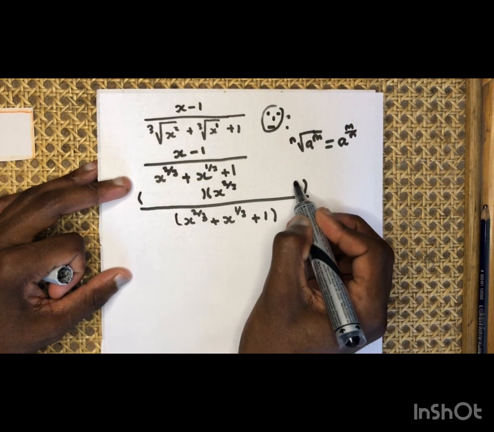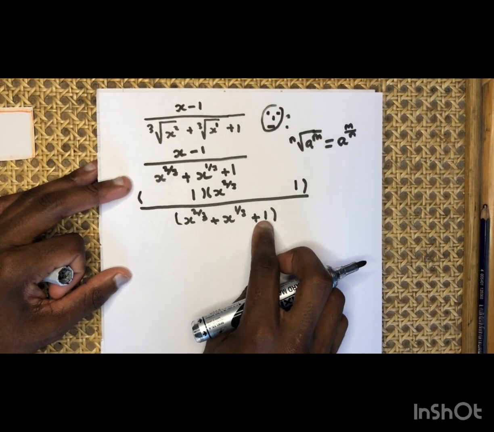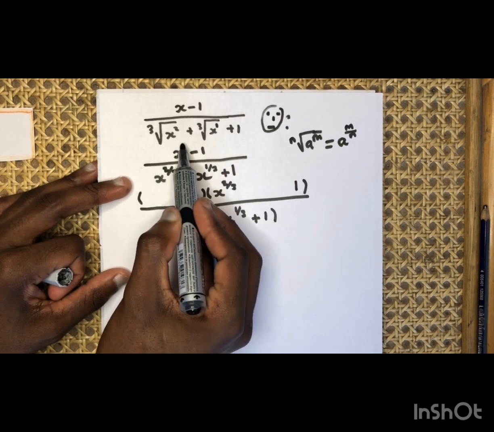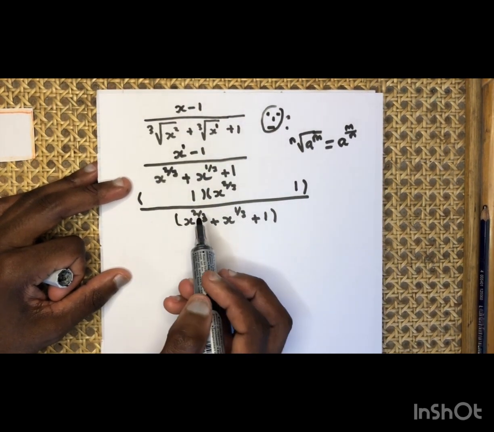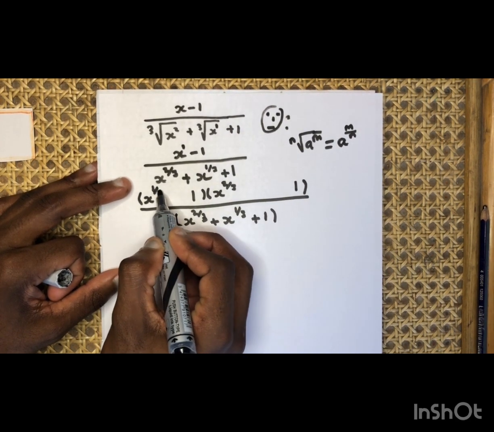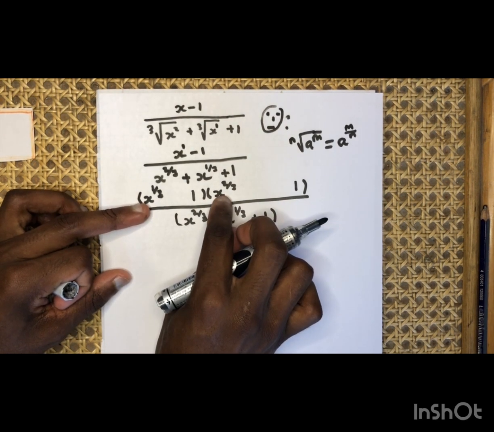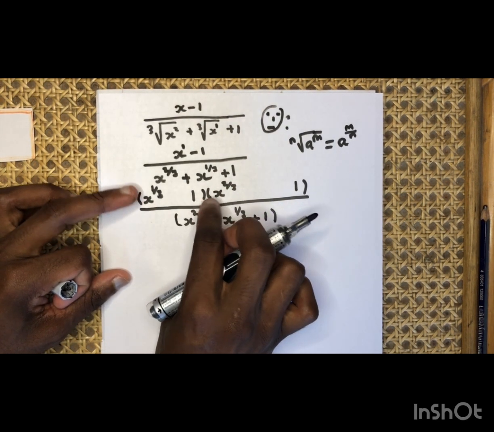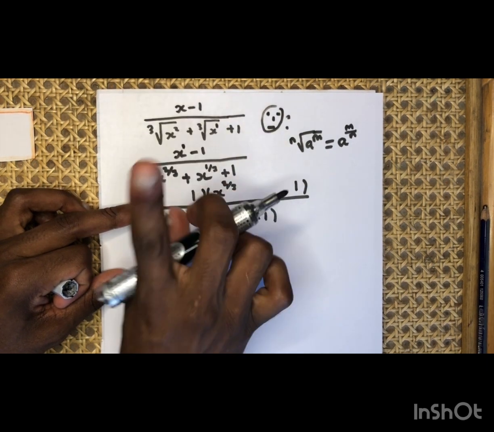Then I will have 1 and 1 because the c is positive. Then you need to ask yourself, in order for you to get positive 1, because the power here is 1, you have to put here x to the power 1/3. Because when the bases are the same, you take the one base and add the exponents. So if I say 1 over 3 plus 2 over 3, I will get 1.